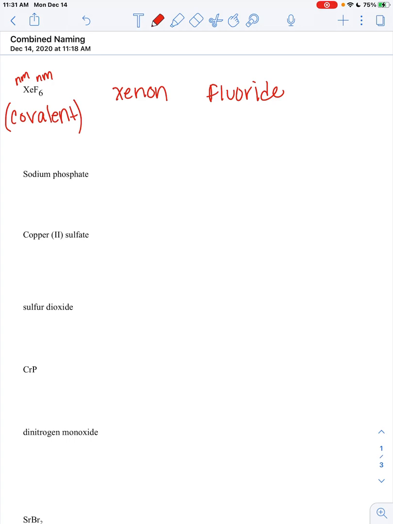For Xe, the subscript is 1, which means it's mono, which we don't write for the first word. For F, it is 6, which is hexa. So xenon hexafluoride.